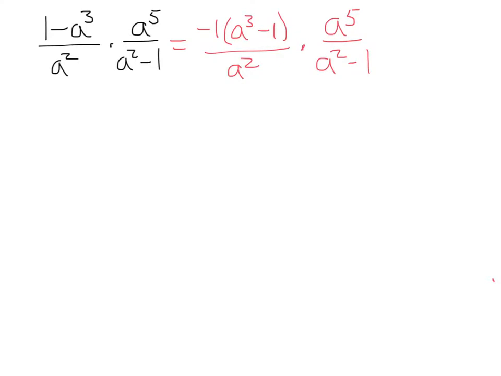So I'm just going to take out a -1 out of both of these so that it's a little bit more what I'm used to seeing. And now we'll still have to factor this further, but as long as this -1 is part of our answer, you're allowed to do that type of thing.